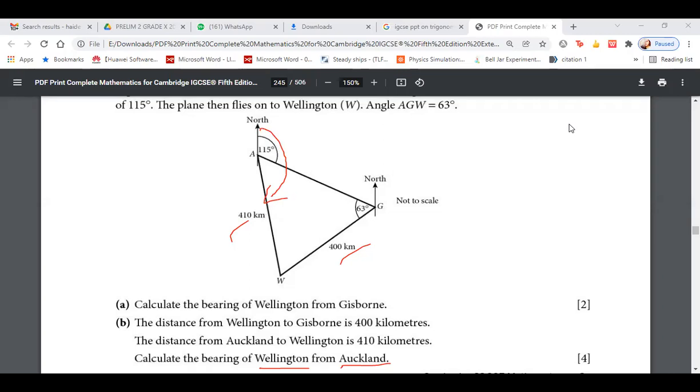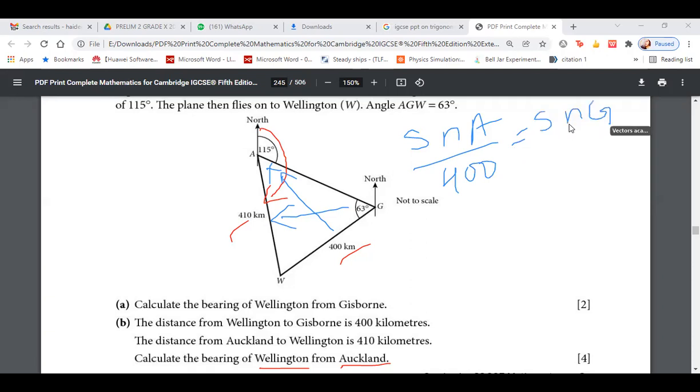I have an angle and its opposite side, and I have another opposite side but its angle is not given. So I can simply use the sine rule over here. Let that angle be A, so sine A upon 400 is equal to sine G upon 410.